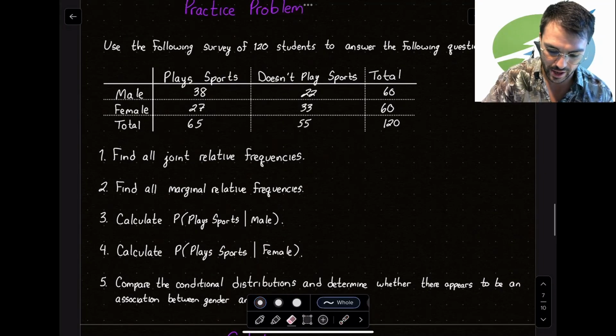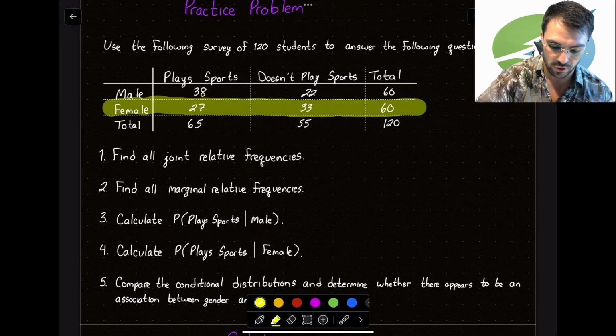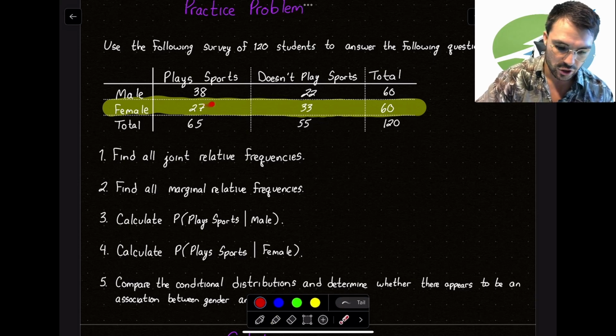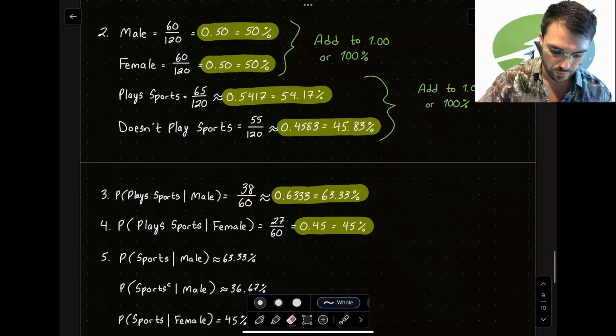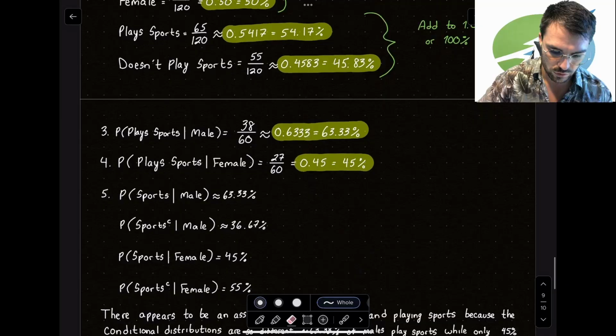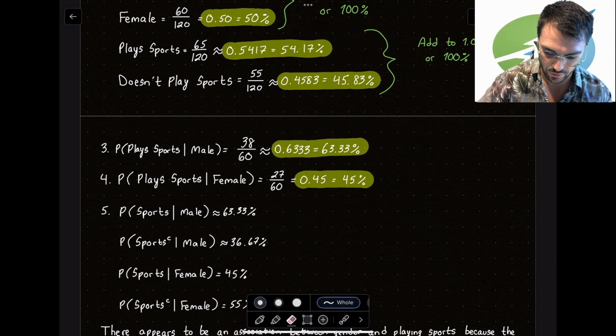Likewise, now we're looking at females who play sports. Okay, so now we're focusing here. 27 females play sports out of 60 females in total. That's going to be 27 over 60. Yep, 27 over 60 we have right over here.